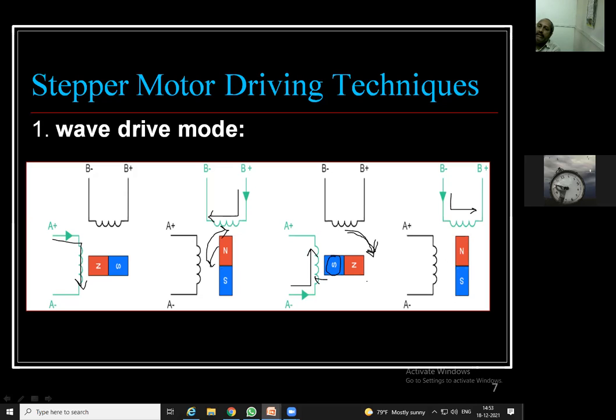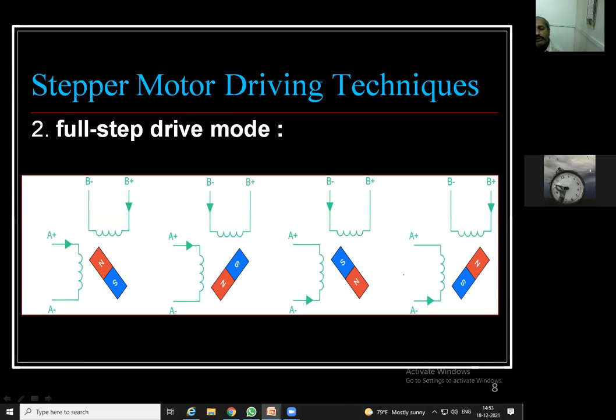Due to that, the magnet again moves in the opposite direction, another 90 degrees, and it goes up. So in this way, four-step rotations will happen for the stepper motor in wave drive mode. Digitally, how is it captured? For that, one table is also there.